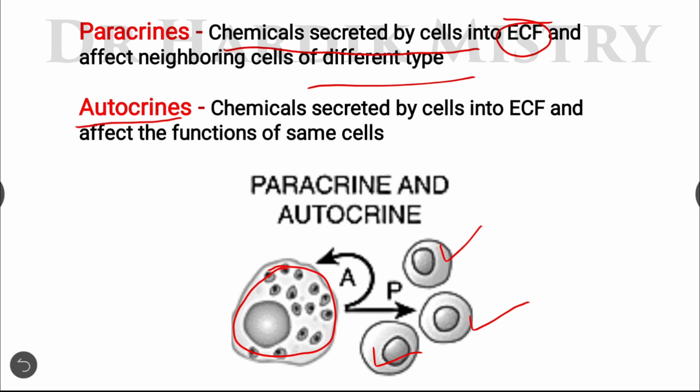These are chemicals secreted by cells into the ECF that affect the function of the same cell. In the same example, the endocrine cell secretes some chemicals into the ECF, the extracellular fluid, and again the same chemical substance has an effect on the same cell. So that is autocrine.